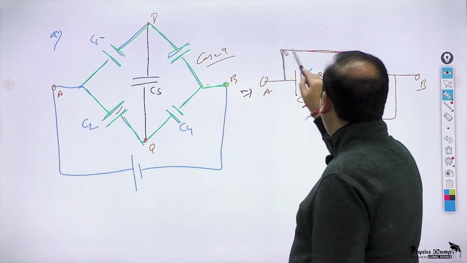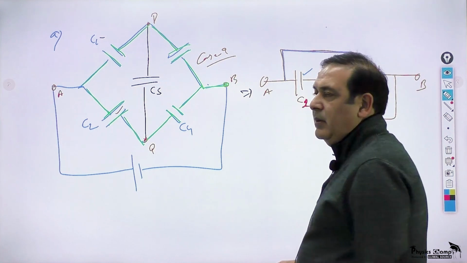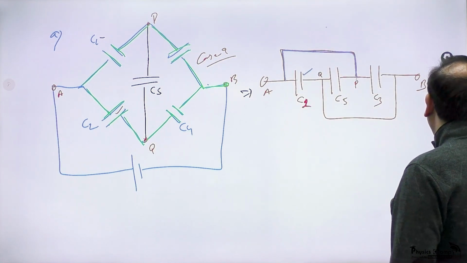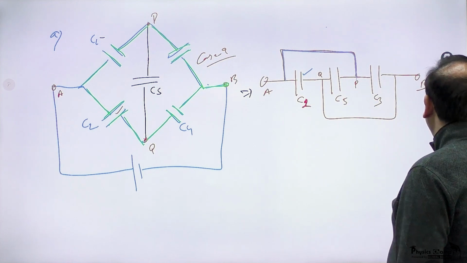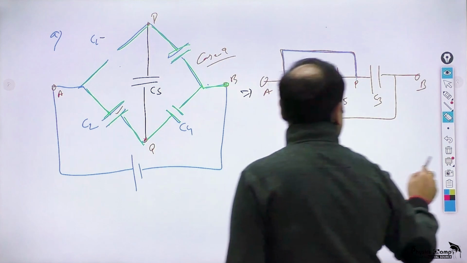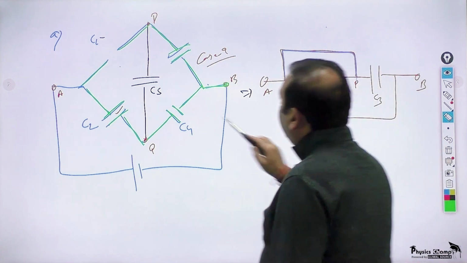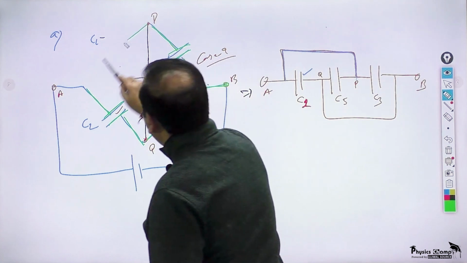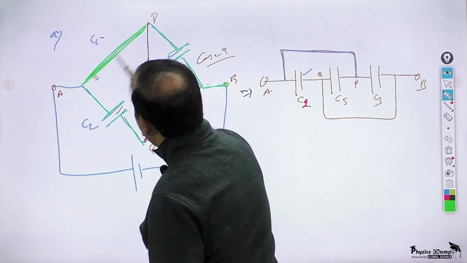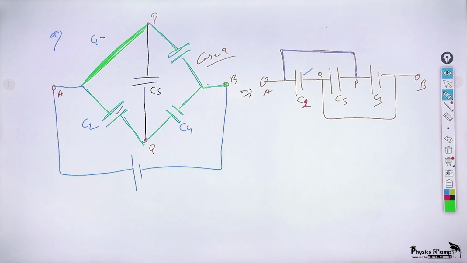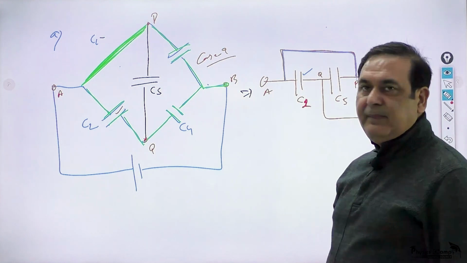Between A and P, there is no capacitance, only a wire. Just assume as though this capacitance is not there. Between A and P, it is only a connecting wire.